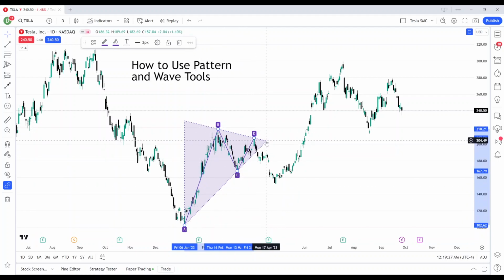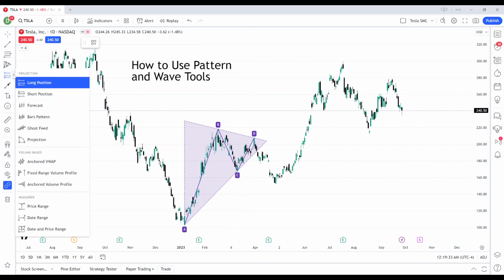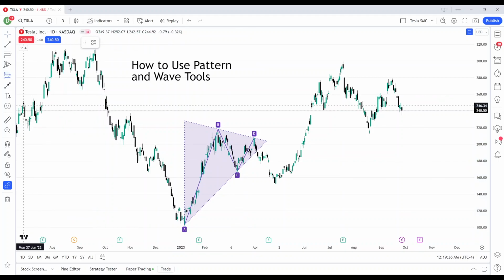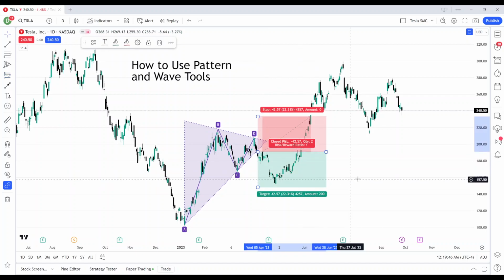Now with any kind of triangle pattern, you're looking for a break up or a break down, and you can enter. Again, using our projection tool, we're going to look for the confirmation of the candle that rejected. We're going to target a 1-to-1 in this event.